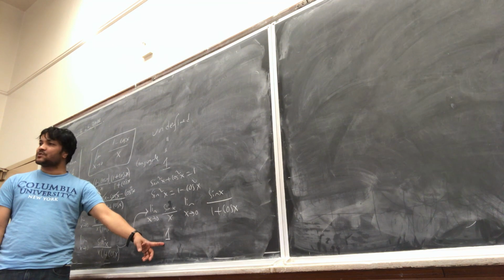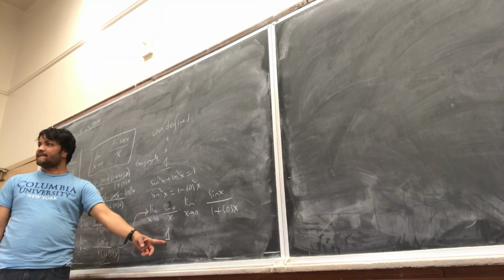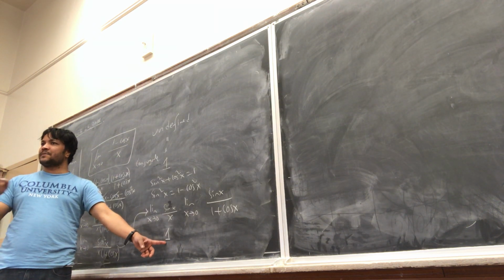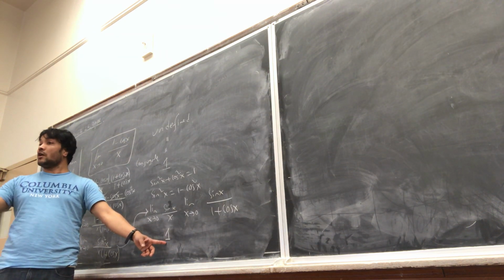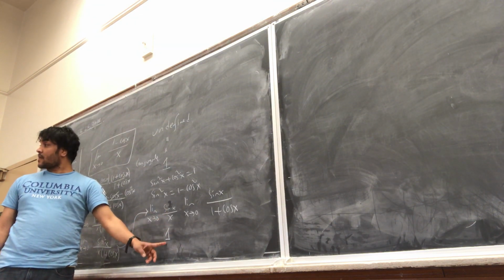This one is 1. Raise your hand if you understand why this one is 1. Raise your hand if you don't understand. Everyone else understands why this one is 1?